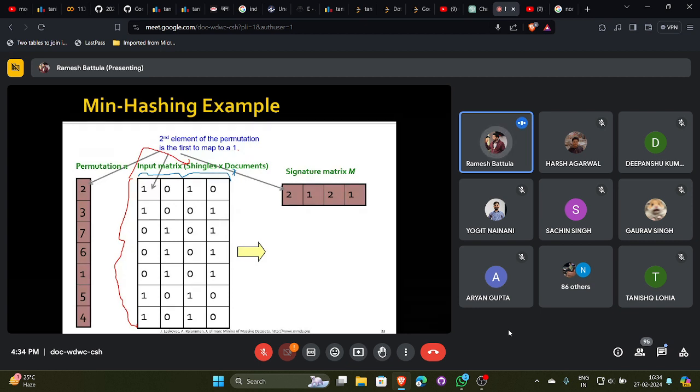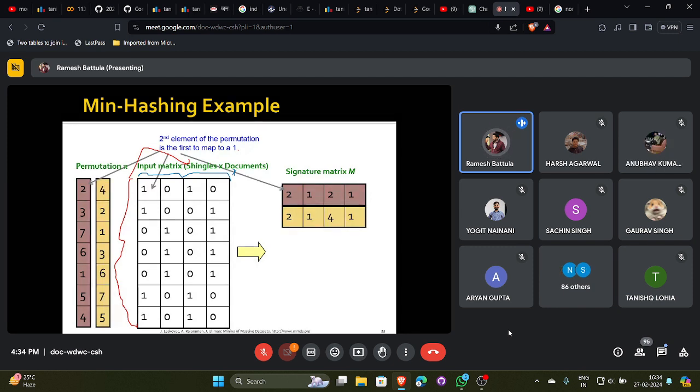If you go for the next one, again you need to observe 4, 2, 1, 3, 6, 7, 5. The signature of the matrix will come here: 2, 1, 4, 1.